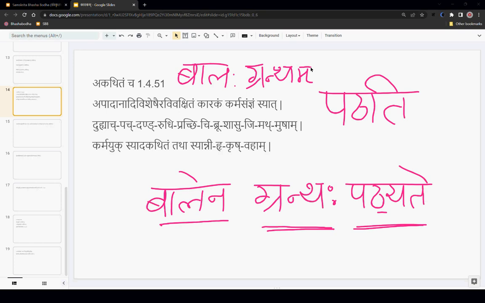So is the Karaka changing between Balaha and Balena? What is the Karaka of Balaha? Balaha is Karta. Okay, and what is Balena? He's doing the action. So what is the Karakam?